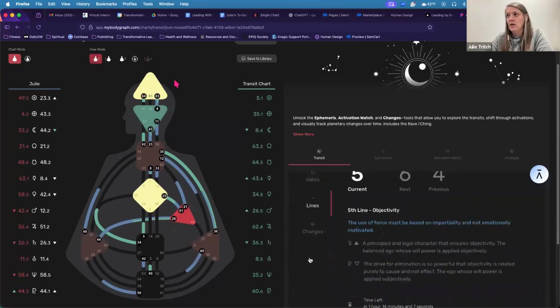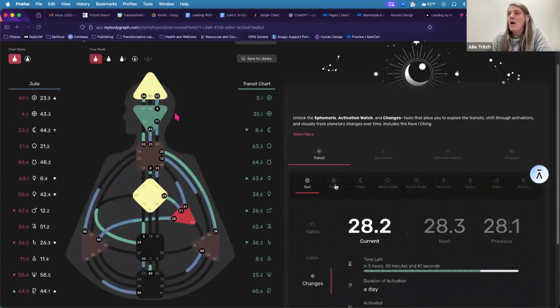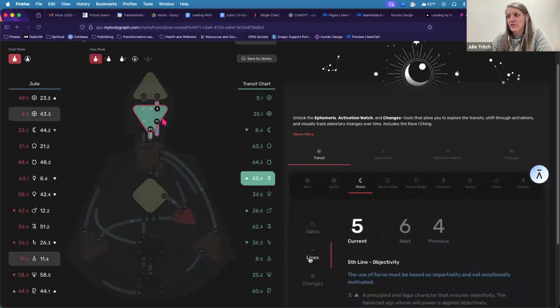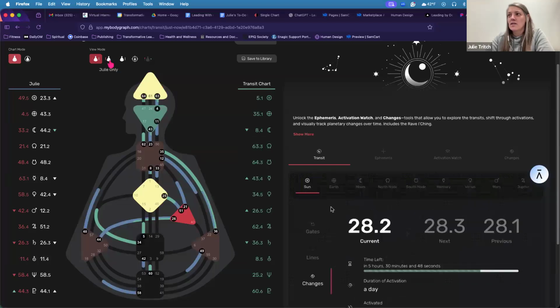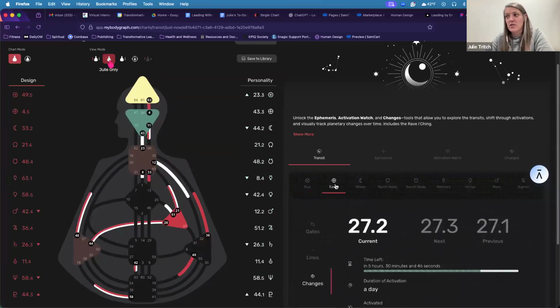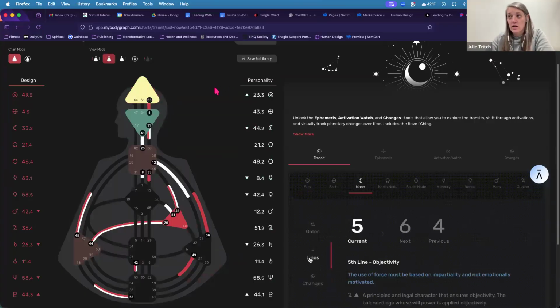So typically I have my head defined, and obviously it's still defined. My ajna is typically defined as well. This gate is always defined for me, but this gate 64 is not. So if I flip back over to just me, you see that 63 is defined, 64 is not, okay?